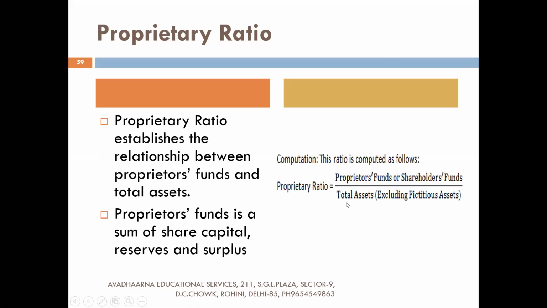This ratio tells us how much part of the total assets is being financed through proprietors' fund. If more of the assets are being financed through proprietors' fund, that means there is scope for raising funds through loans or debt, issuing debentures, loans from financial institutions, etc. That means our long term solvency position is sound.